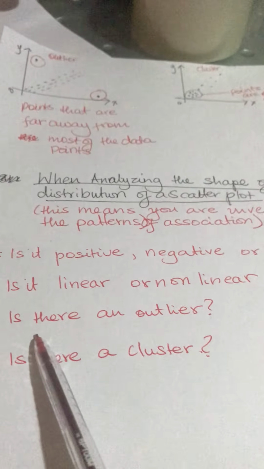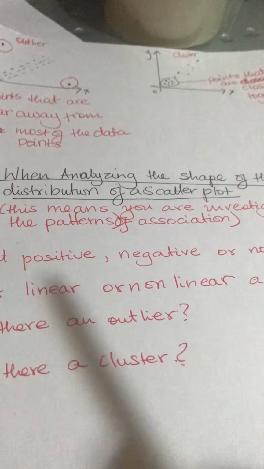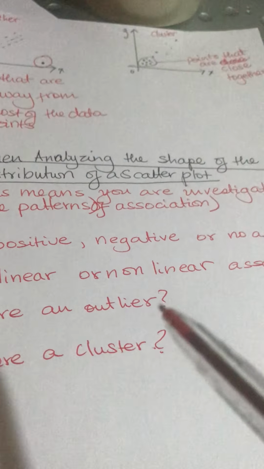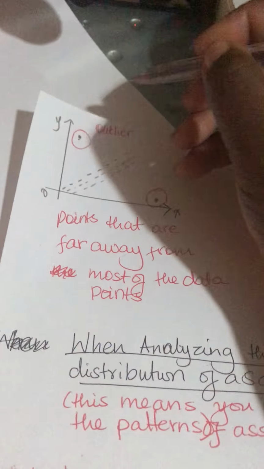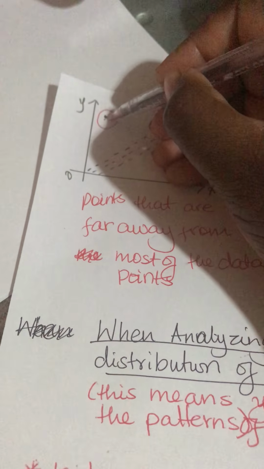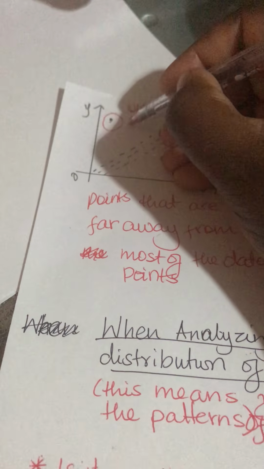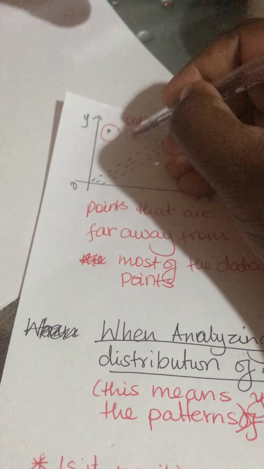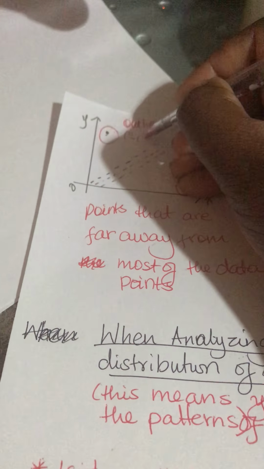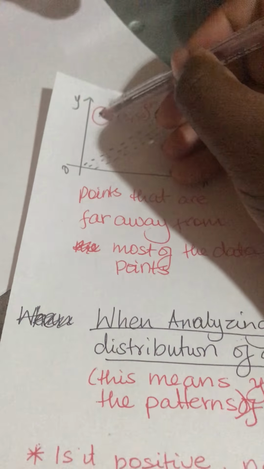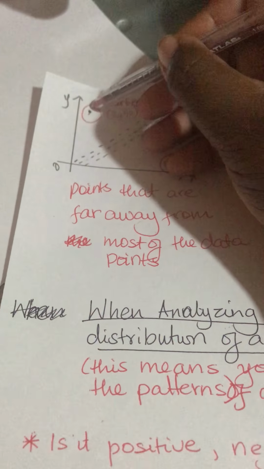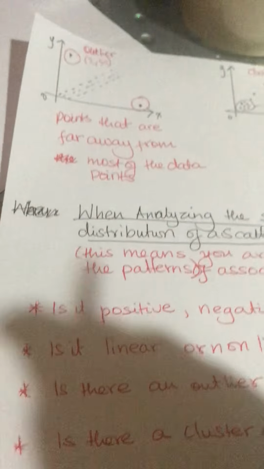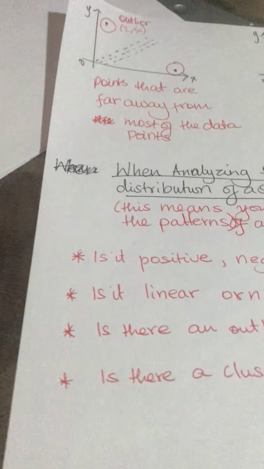And then you need to tell me if there is an outlier or there is no outlier. And if there is an outlier, you need to tell me the number, the point. Let's say this is 250, like that. So the point 250 is an outlier. So you describe the outlier like this.